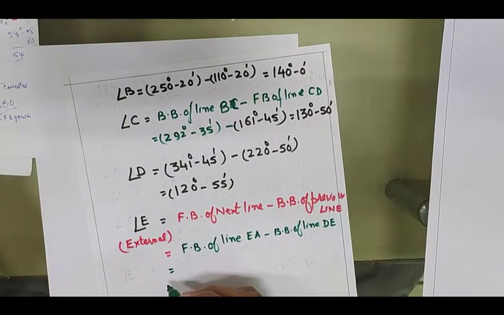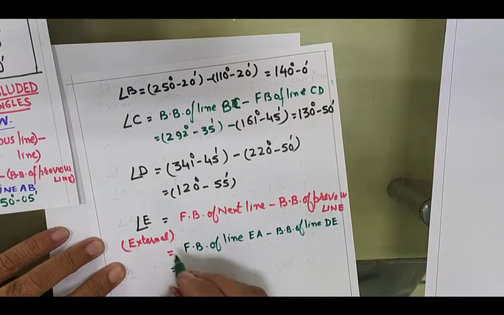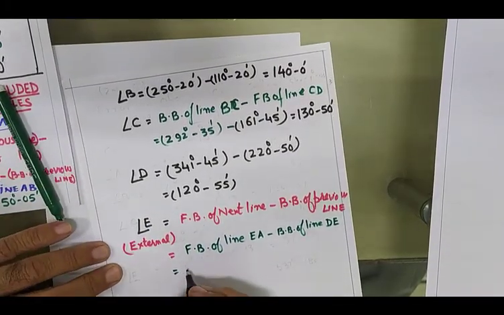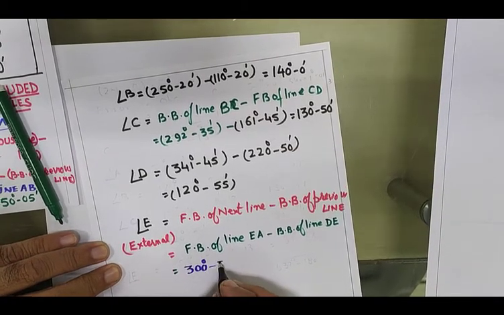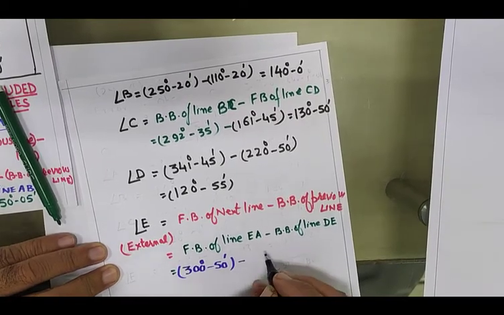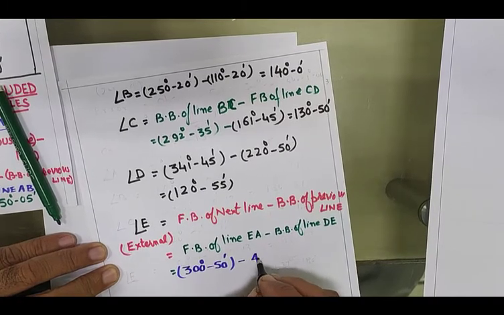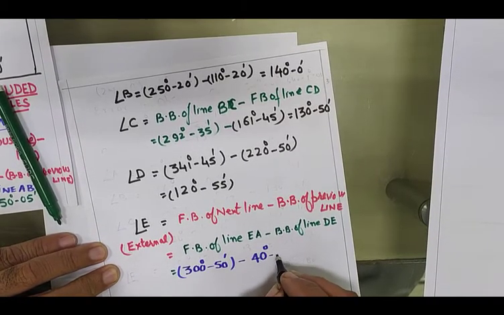Forward bearing of line EA is given as 300 degree 50 minutes. Keep it in brackets. Minus back bearing of previous line, back bearing of line DE, is equal to 40 degree 5 minutes.